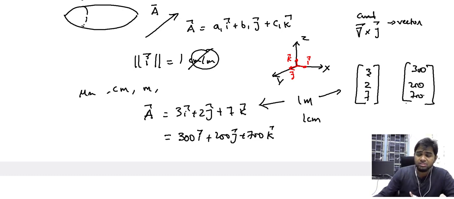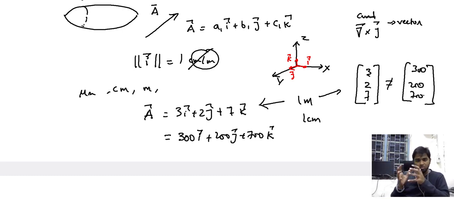So what essentially we have arrived at is, in order to express the same vector, the expression for it varies depending on the magnitude that is associated, or depending on the length scale at which we are considering the unit vectors.